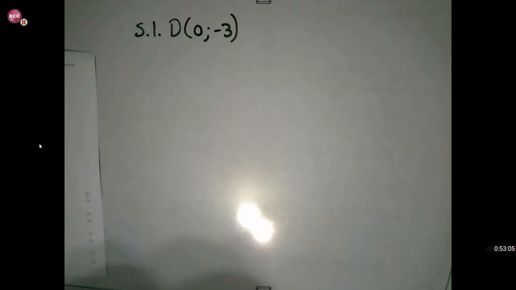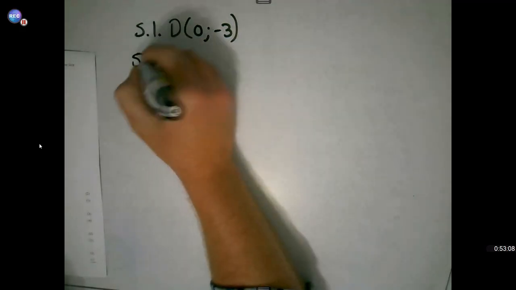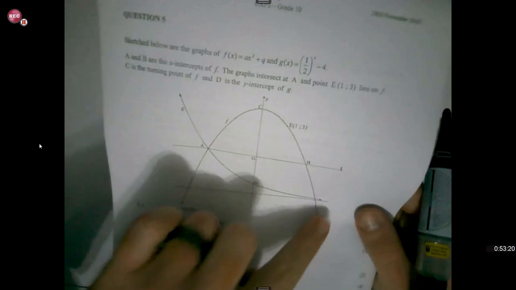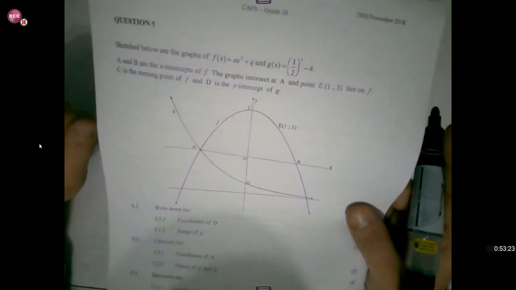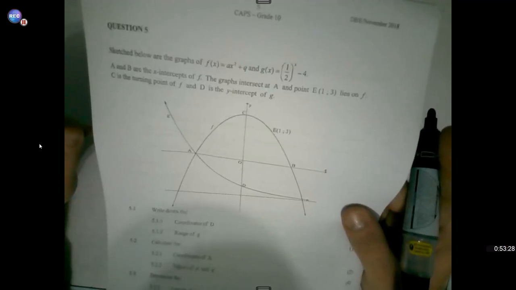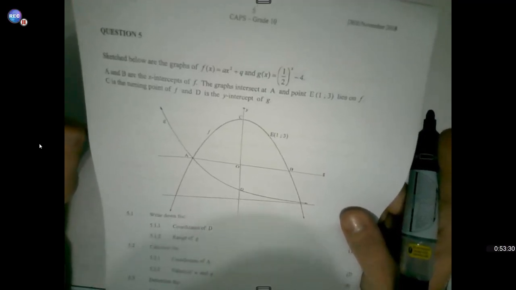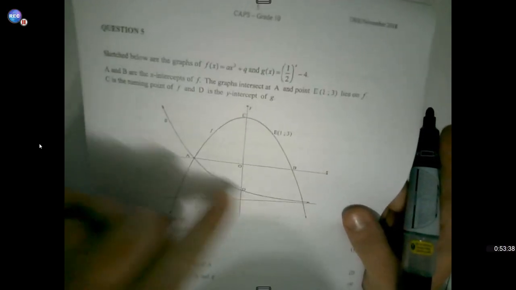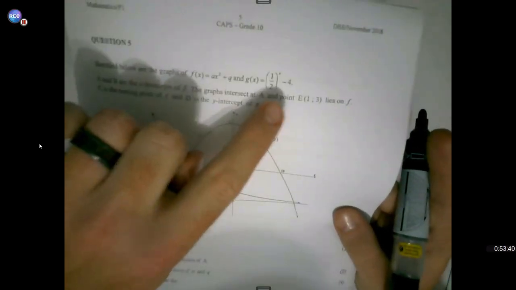Then they ask you for the range of graph g for 5.1.2. My apologies. If you look at the range of graph g, here's graph g over here. You'll have to check where it basically starts and where it ends, and your range is measured with your y values.